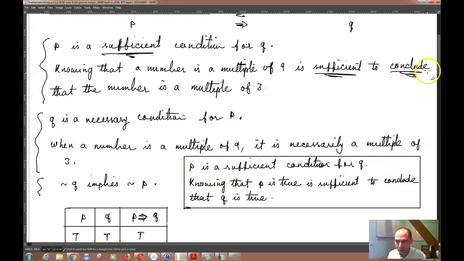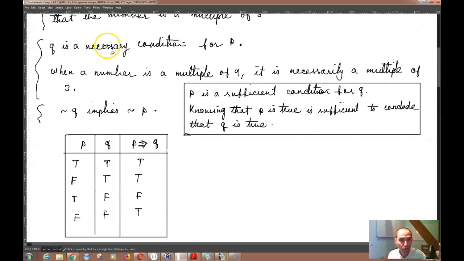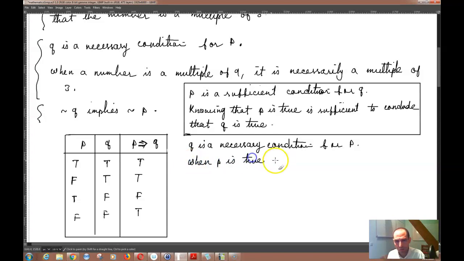Q is true. And also over here we said that Q is a necessary condition for P, meaning that when P is true, Q must necessarily be true.